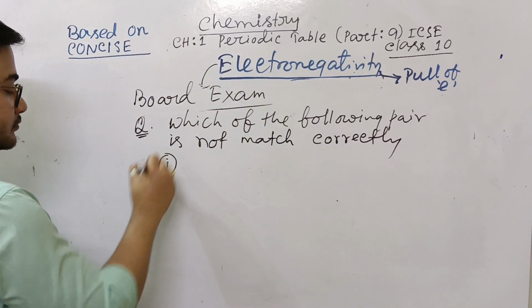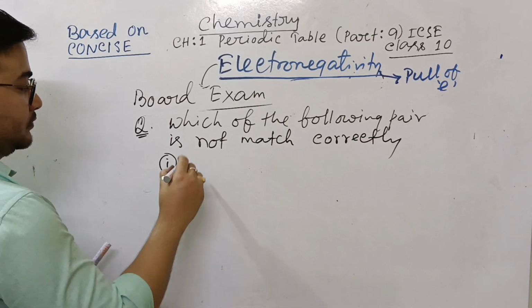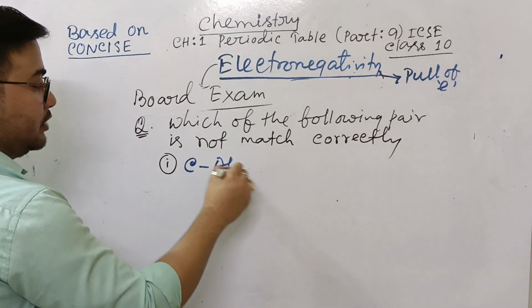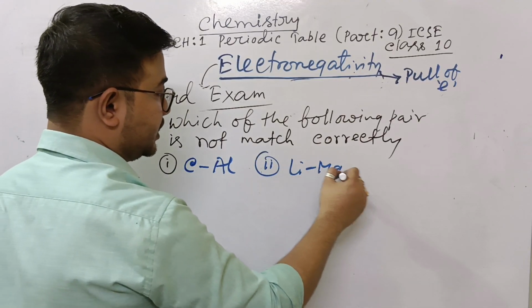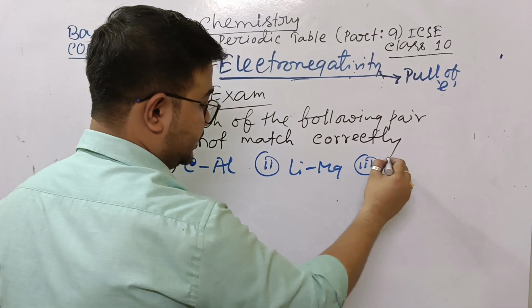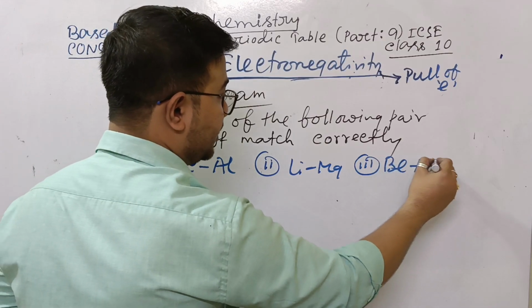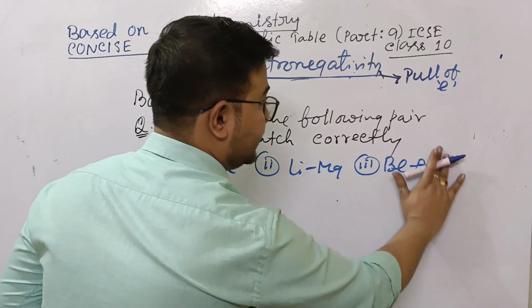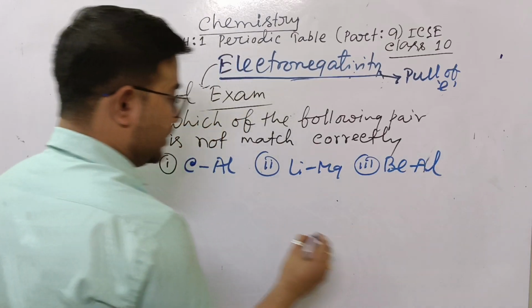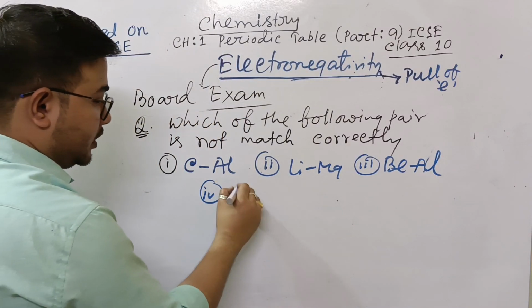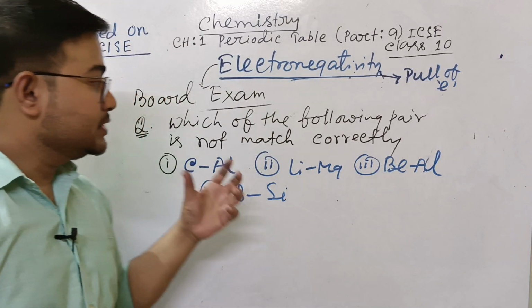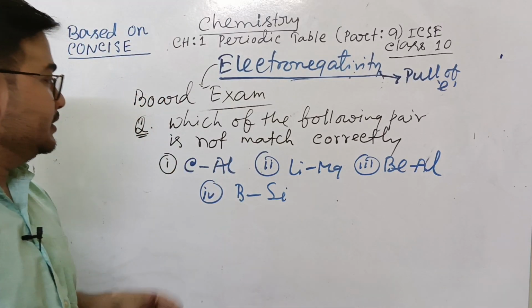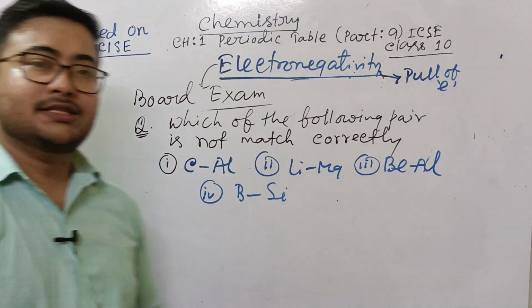Option 1, carbon aluminium. Option 2, lithium magnesium. Option 3, beryllium aluminium. Option 4, boron silicon. Choose the correct answer and comment it in the comment box.